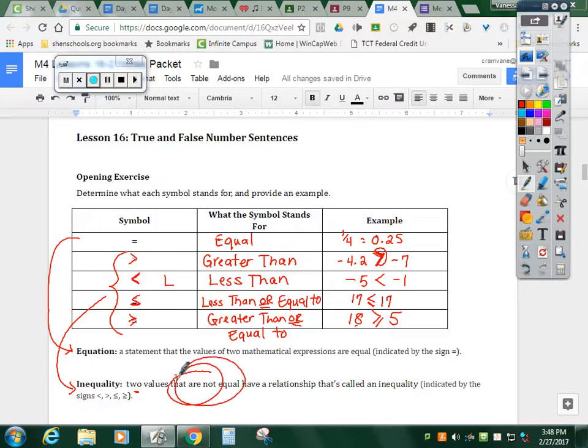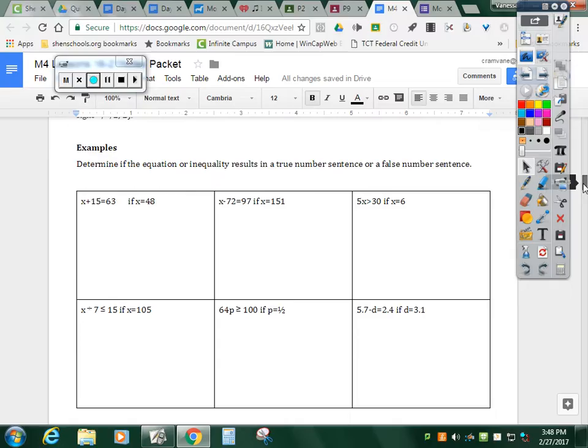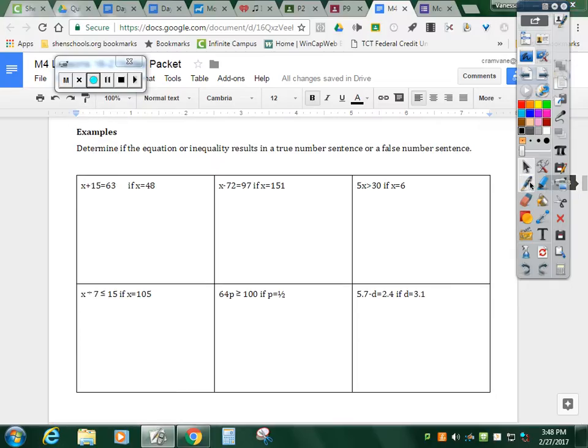Okay. So let's go down. I'm going to show you some of these in action. We are going to go through 6 examples together. We are going to determine if the equation, something with an equal sign, or the inequality, greater than, less than, greater than or equal to, or less than or equal to, results in a true number sentence or a false number sentence.